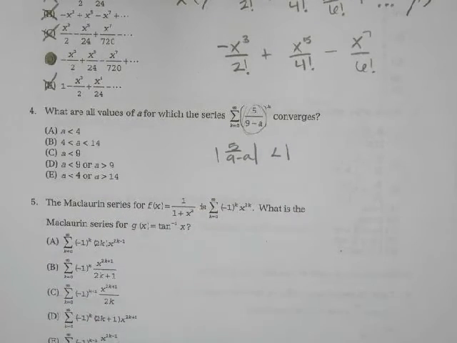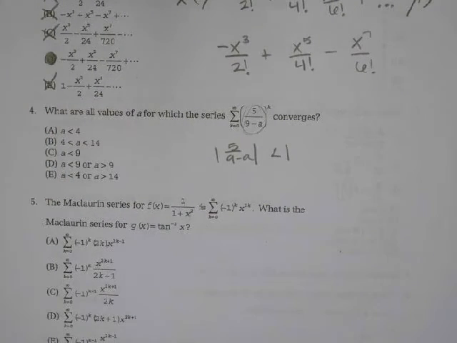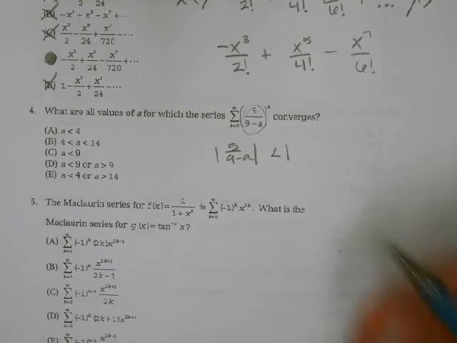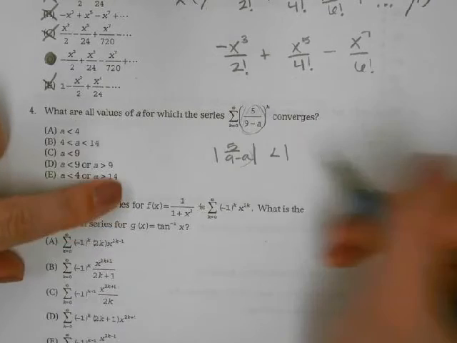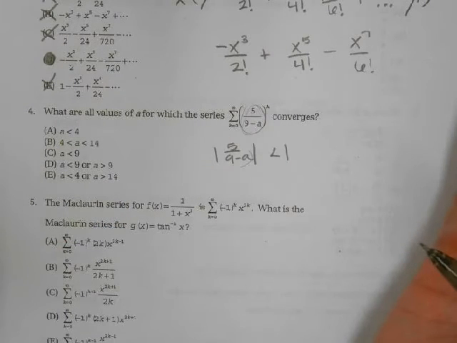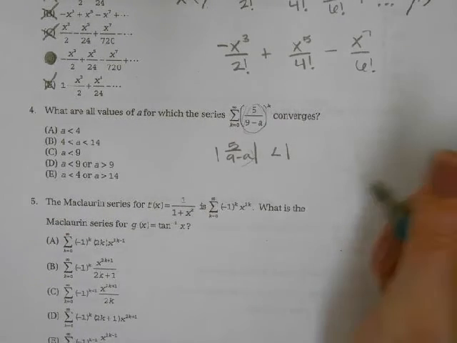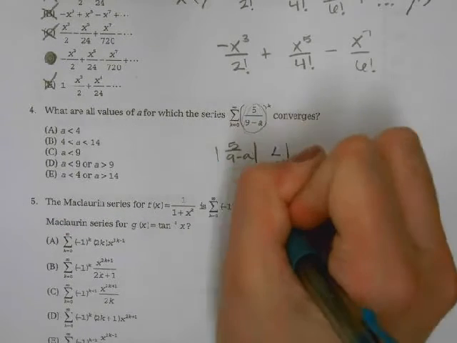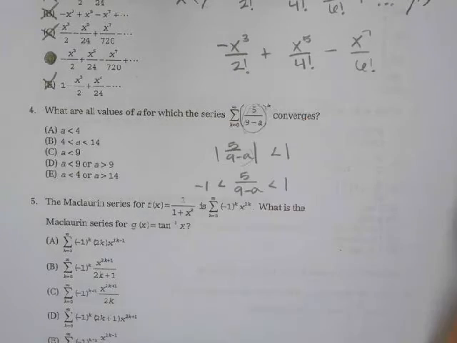You could even just plug numbers in and think about it, but I'm going to show you the mathematical way. Anytime something is less than 1 in absolute value, it's in between -1 and +1, which is what we know about the R values. So I wrote 5 divided by 9 minus A is less than 1 but greater than -1.